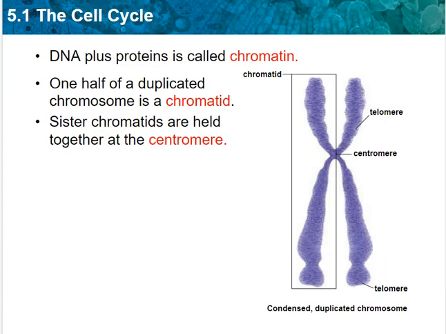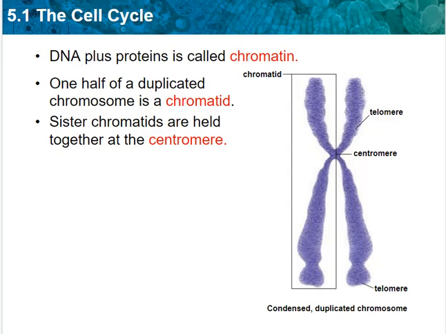One thing that'll come up in this discussion is that the genetic material sometimes has different names, even though it really is the same stuff. So chromatin is the DNA plus the proteins.